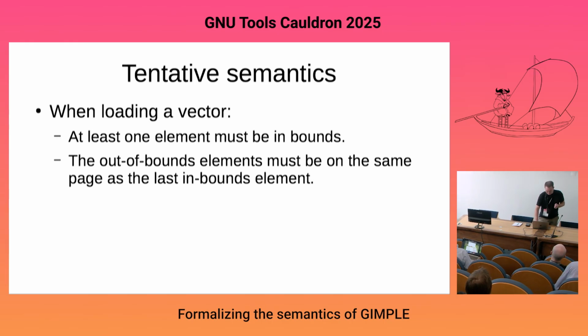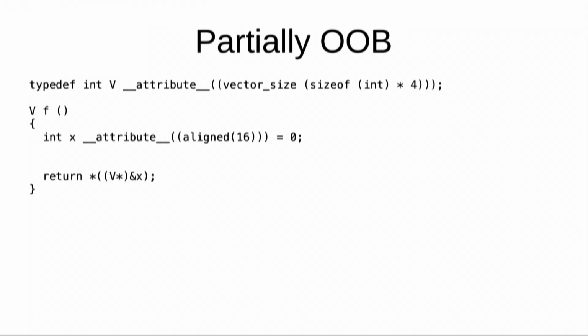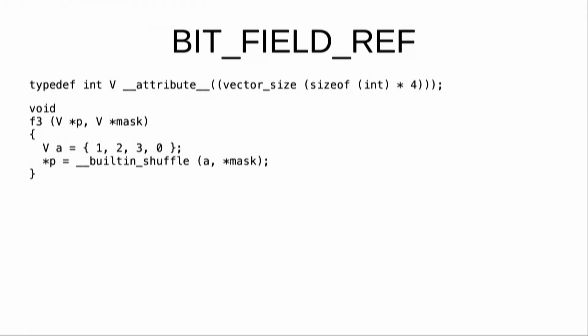But go back to, okay, yes, so we are still on this semantic right now. Here we also have a bit field ref. This is one example from the test suite: we have a vector mask here.